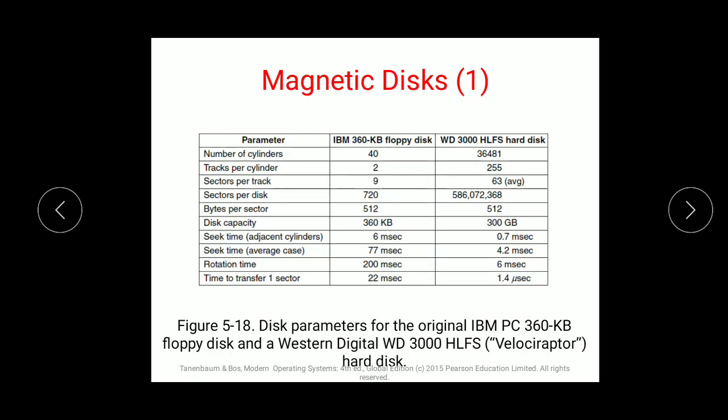So the first one is magnetic disk, and here is some short information about it. Magnetic disks are organized into cylinders, which are divided into as many tracks as there are heads stacked upright.